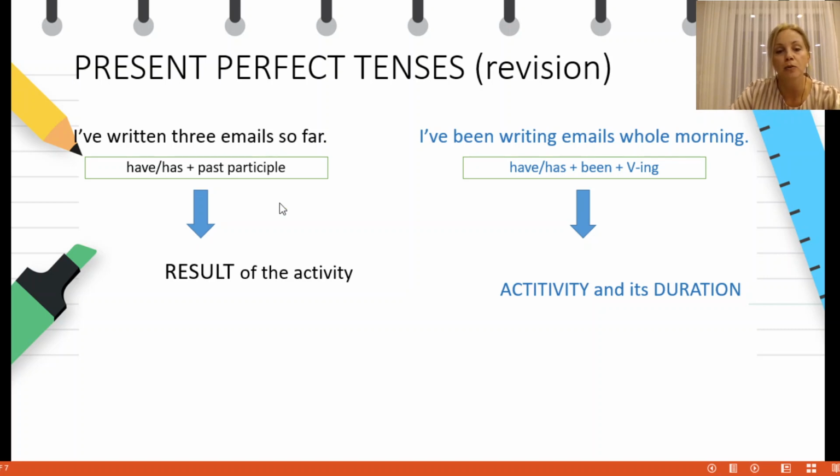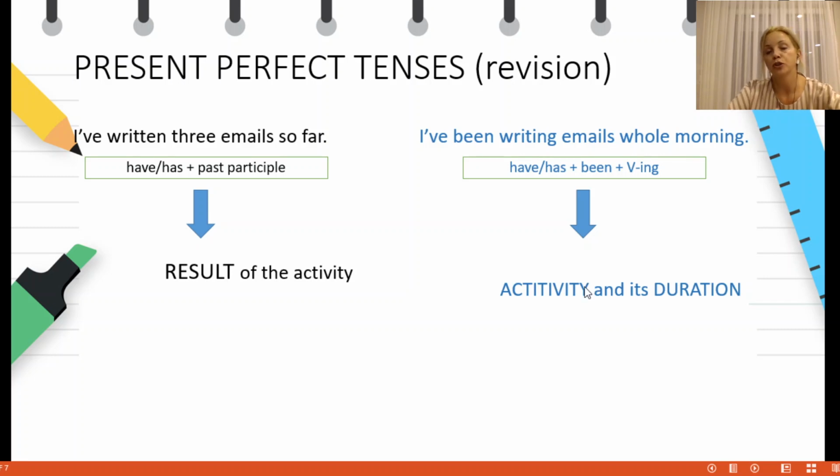I actually focus on the result of the activity. Be aware that every simple tense has the result in focus. Whereas in the continuous tenses, I've been writing emails the whole morning, we want to emphasize the activity itself.